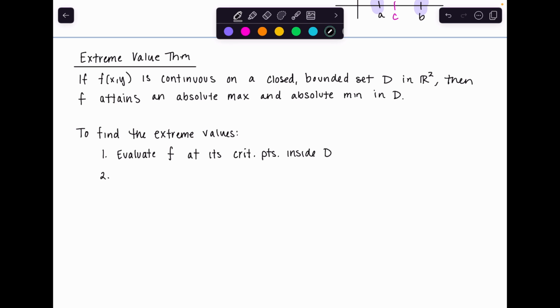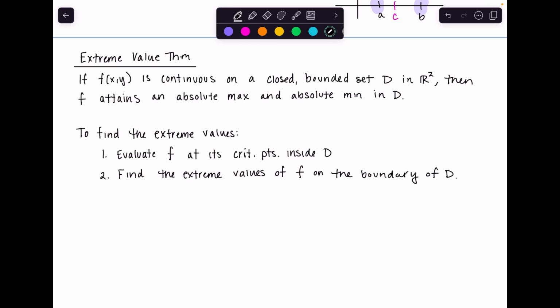Second thing you're going to do is you're going to find the extreme values of f on the boundary of D. Okay.